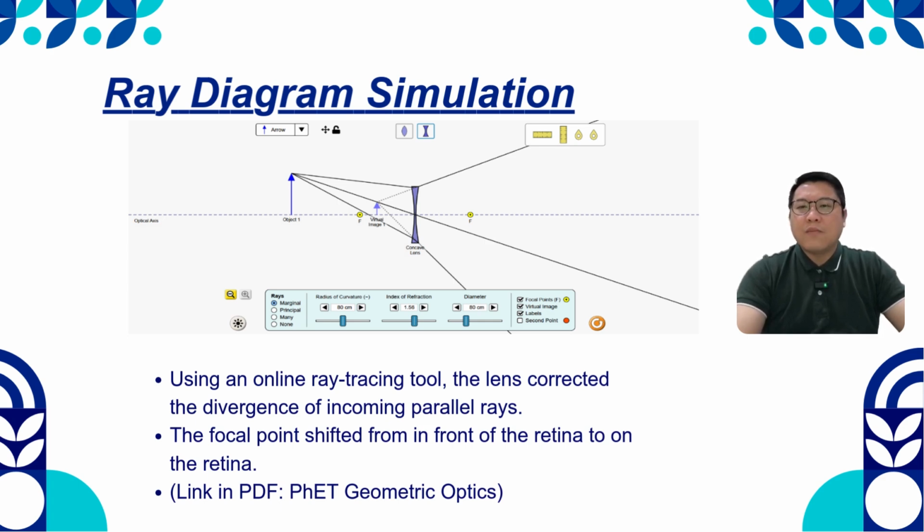When we introduce a -3 diopter concave lens to the system, the rays diverge appropriately before entering the eye. The simulation then shows the focal point moving precisely onto the retina, confirming that the lens power effectively corrects the refractive error. This digital visualization strengthens the accuracy of our correction plan.